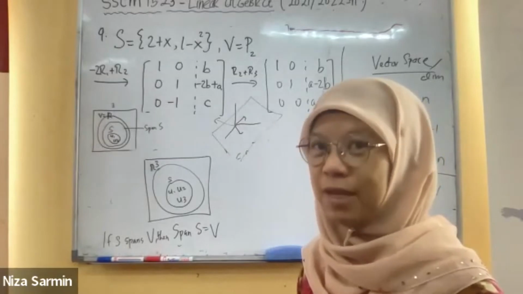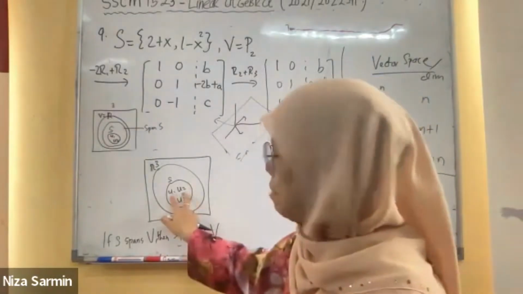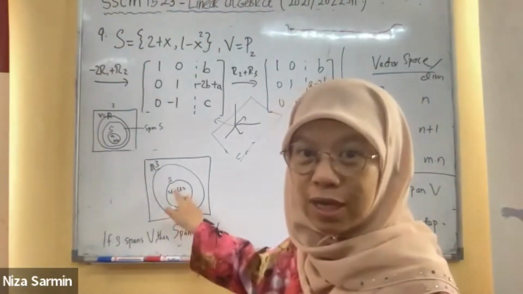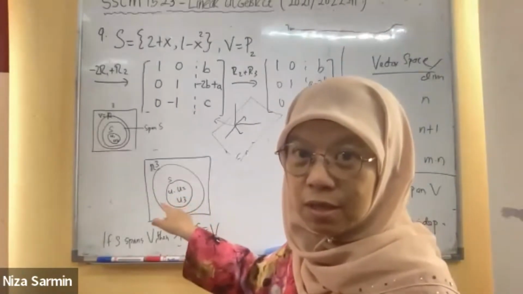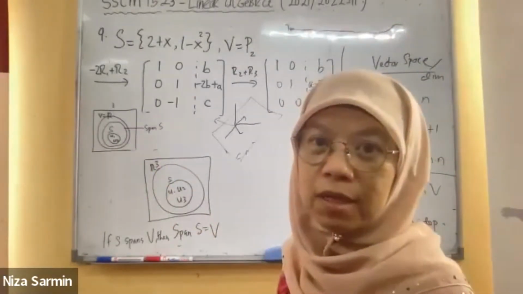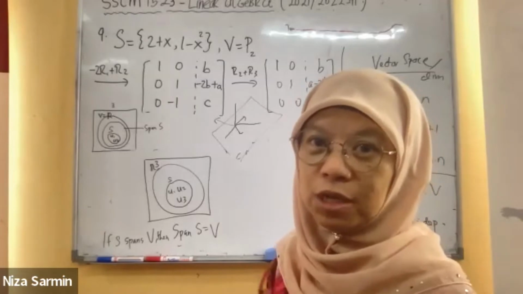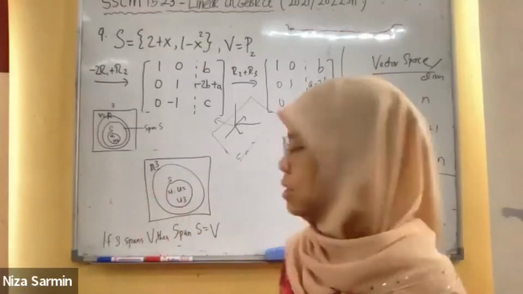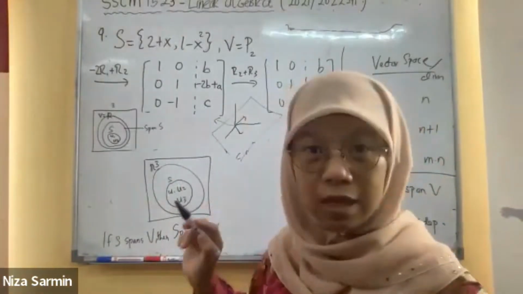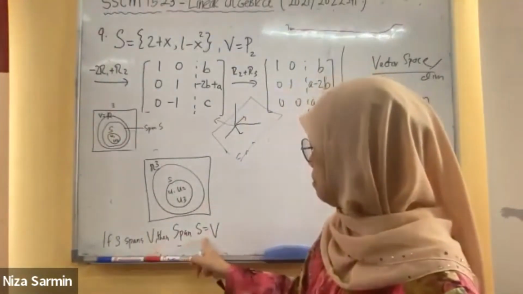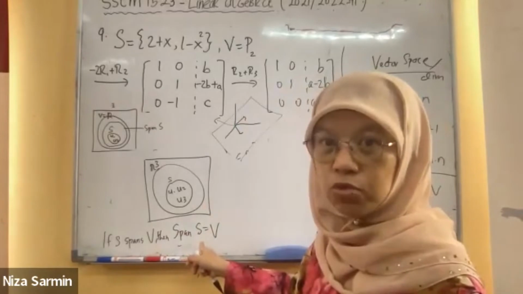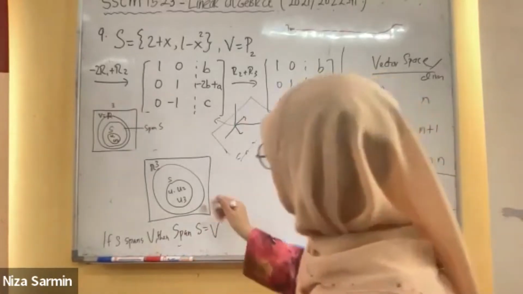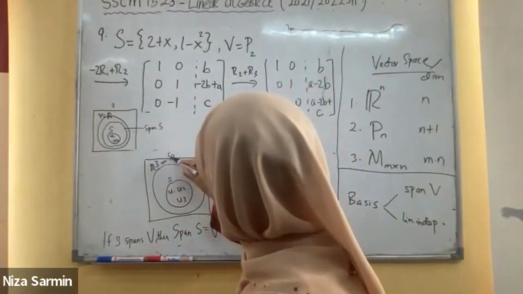They might not span, yeah, because if they are multiple of each other or the linear combination of each other, they won't be linearly independent and they won't span because they're probably in the same line or the same plane. But suppose they are all different vectors. So span S will be equal to V, which is R3, and this is equal to span S.